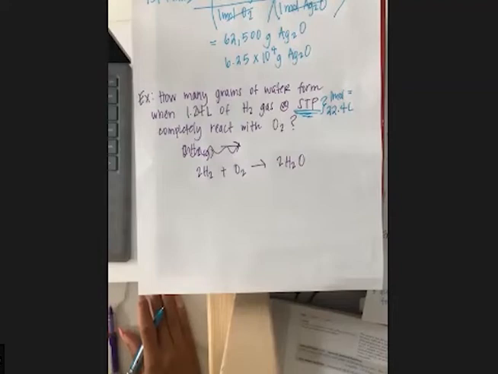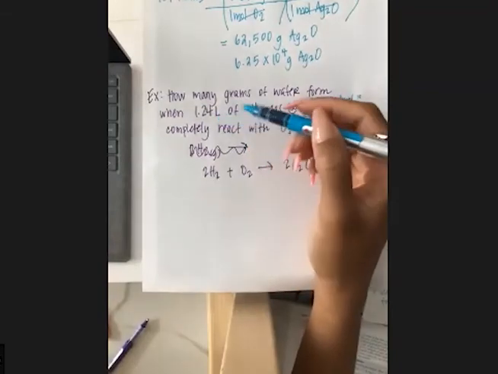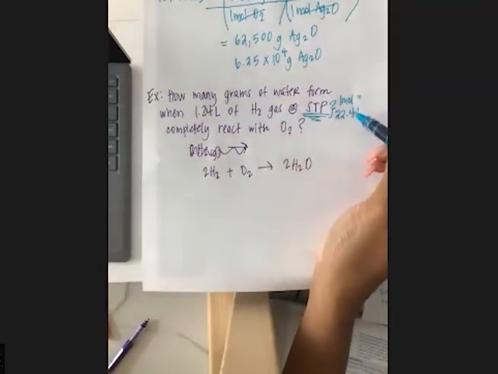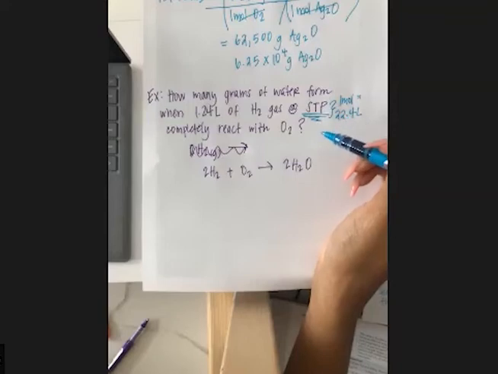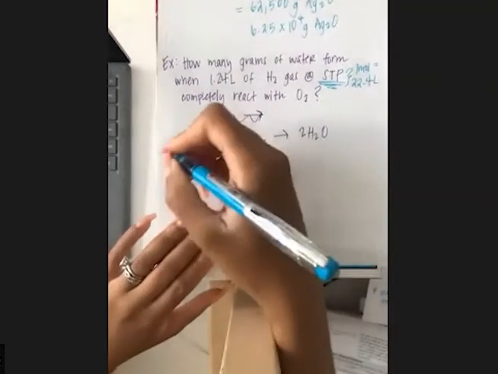So if I have these gases, I can still use stoichiometry that says, okay, I know the volume. The first step is to get to moles. To get to moles, I'm going to use the molar volume in this case. Once I get to moles, I can get to moles of B by just using the mole to mole ratio, and then I can convert my moles of B to grams of B. So let's just talk through this together.